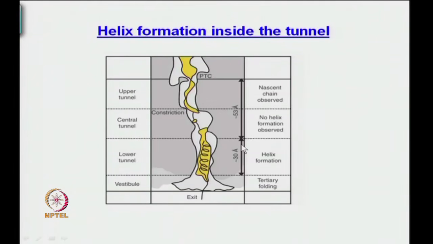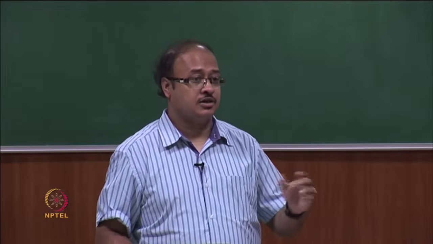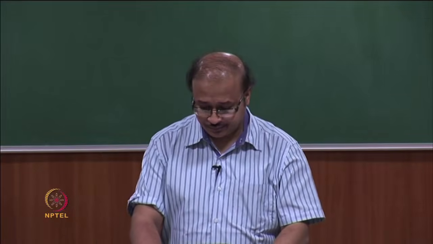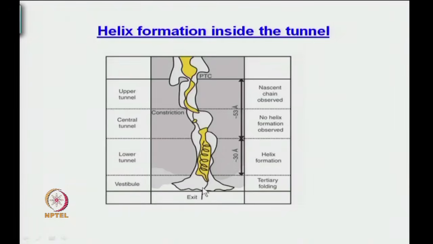You can see where the helix formation is taking place. Helix formation is taking place somewhere here. Okay, this is with regards to the protein which is known to undergo helix formation, that means which has helical structure in its native state. And then in this vestibule, people have talked about tertiary folding taking place.